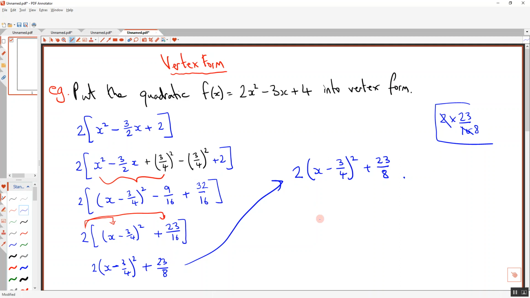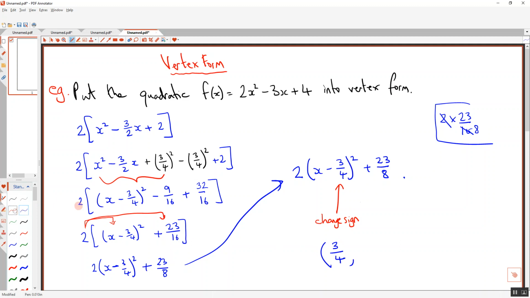All right, now the whole point of putting it in vertex form is because it gives us what the vertex is, okay? So in order to determine what the vertex is when it is in this form, we take this number, okay? We change whatever sign it is. So currently it is negative, so I'm going to change it to positive.